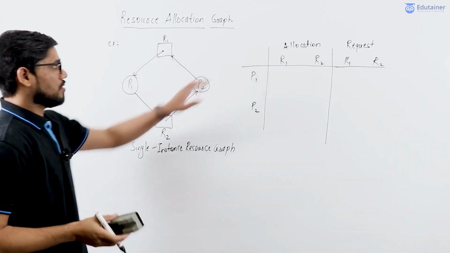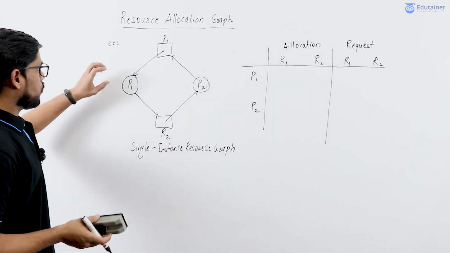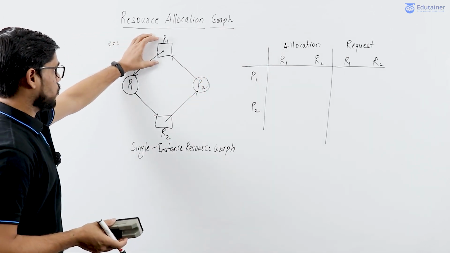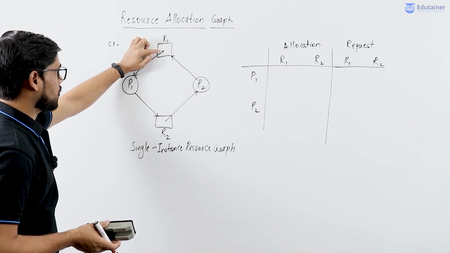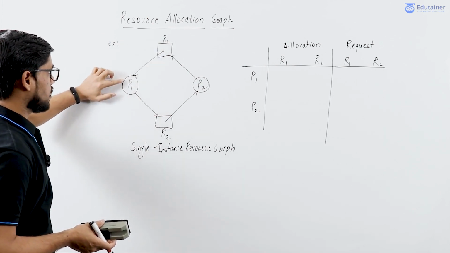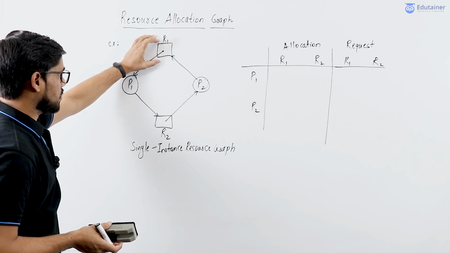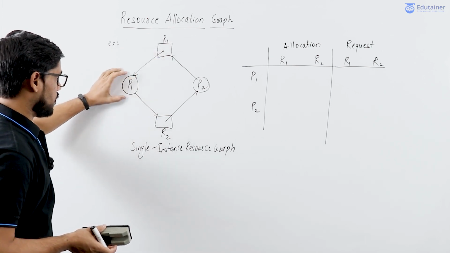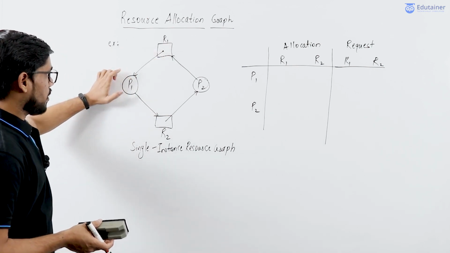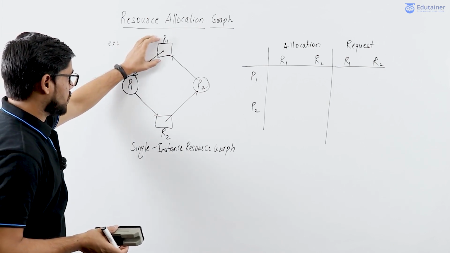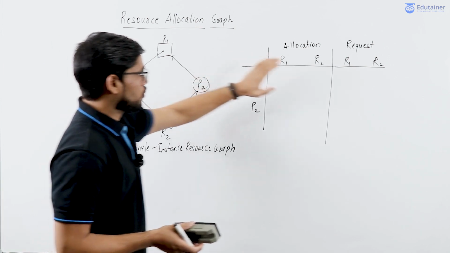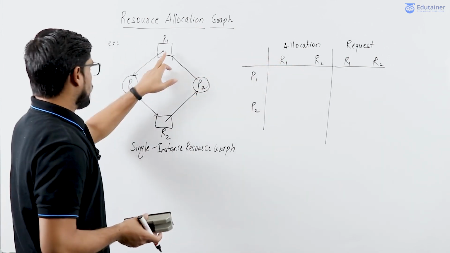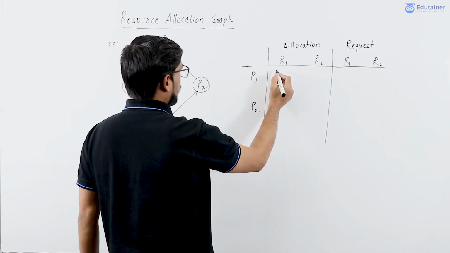Now for allocation, we need to go to the resource vertex. If the direction of the edge is from a particular resource to the process, then it means this resource is allocated to this process. So here R1 is allocated to process P1. I will go to the allocation column and see the column R1.